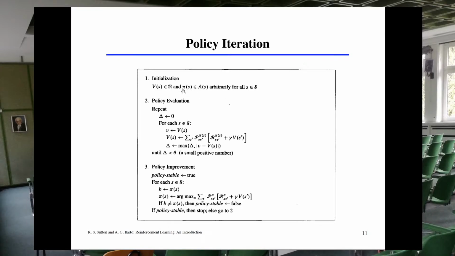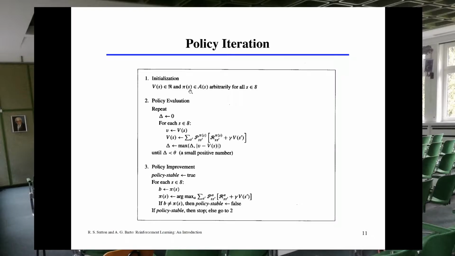And then you start creating the policy that you will be evaluating, and what they tell you to do is to assign to each of the states, so if you have 3 states, you will assign to each of these states one of the possible actions, and you will do that arbitrarily.